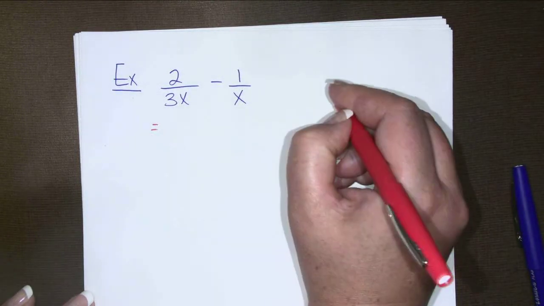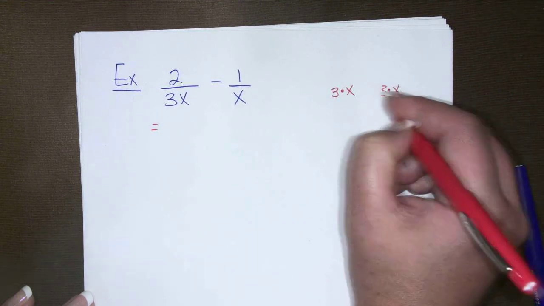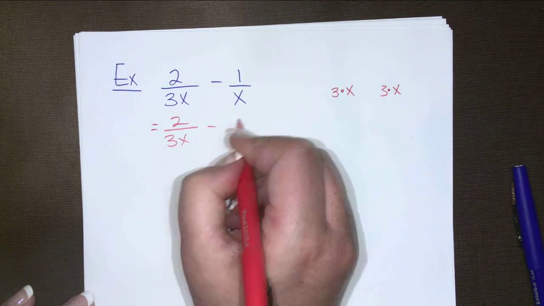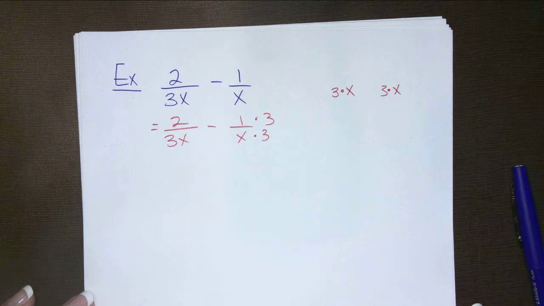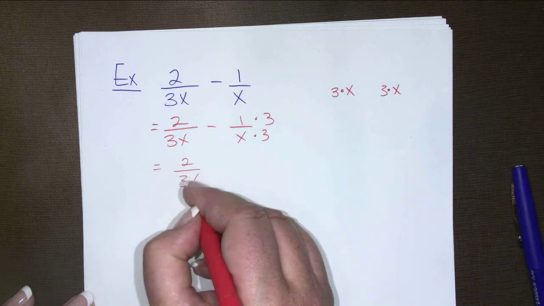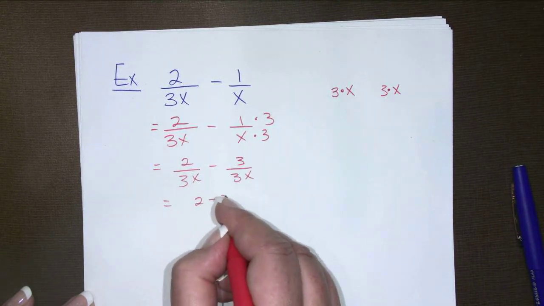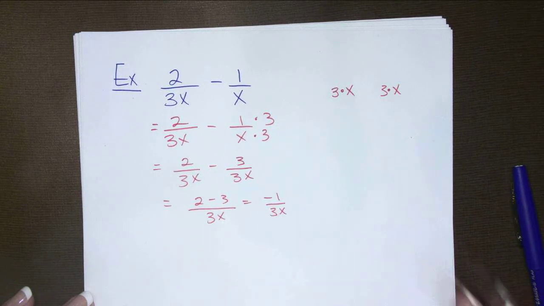Because on the bottom of one is 3 times x, and the other one is x, so it would need a 3 to be equal. So this is times 3. Then we would do the same thing. Two minus 3 is negative 1 over 3x.